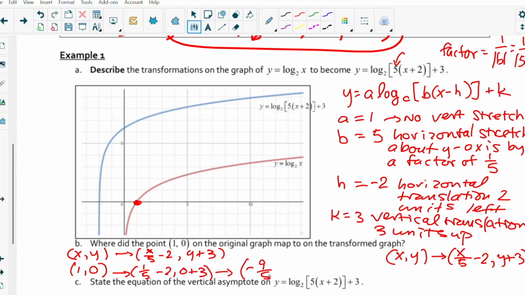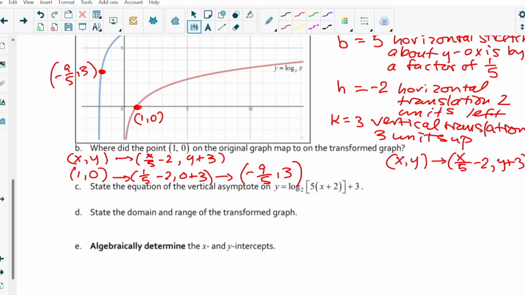Negative 9/5 and 3. So there's a horizontal and vertical translation and a stretch, so it's going to pull that point all the way to negative 9/5, which is negative 1.8, and 3, so right there. So (1, 0) transforms to (-9/5, 3). There you go, we answered letter B.